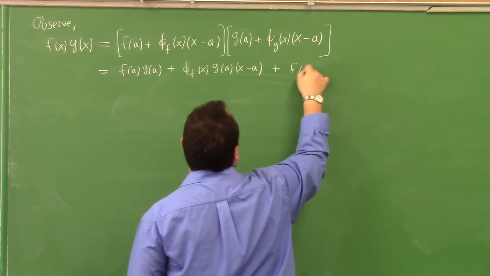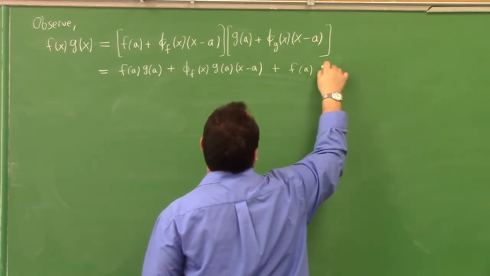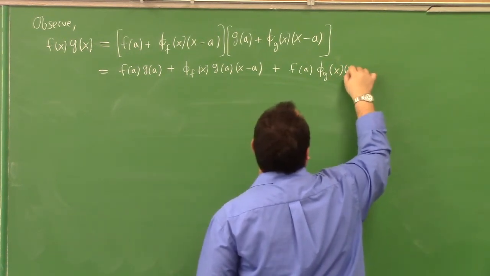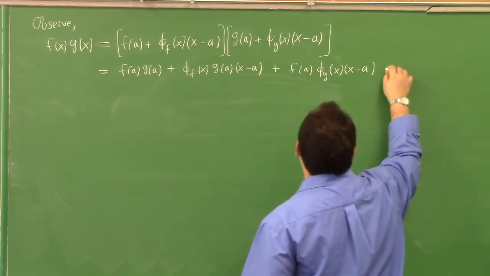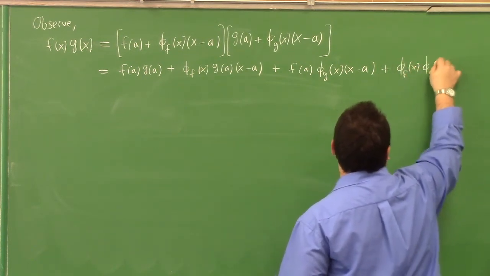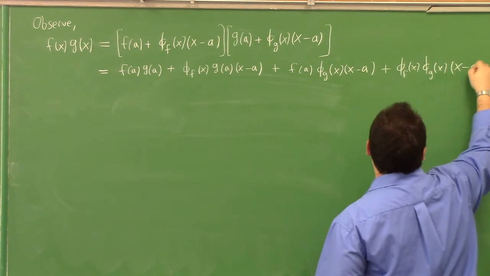Plus f of a times phi g of x times x minus a, and then the phi f phi g times x minus a squared, right?